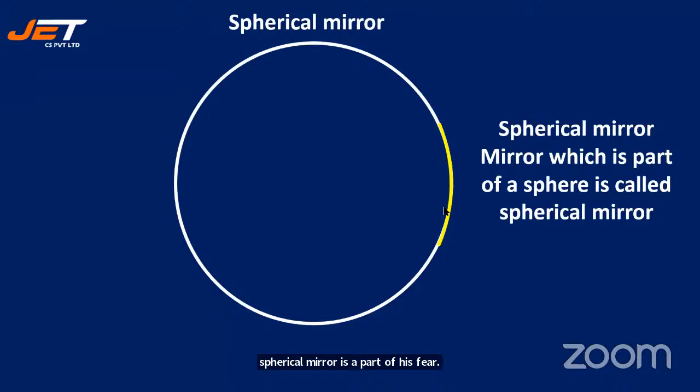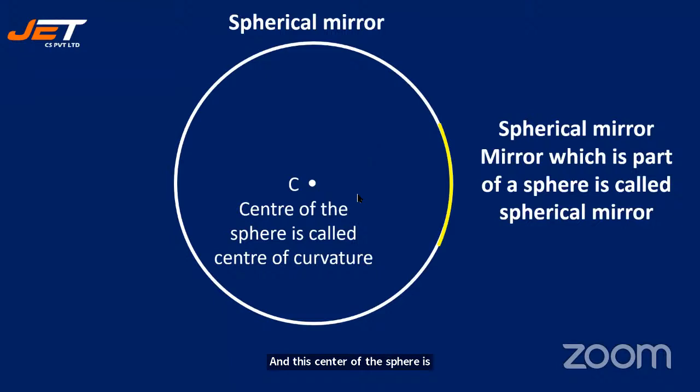A mirror which is a section of a sphere is called a spherical mirror. And this center of the sphere is called the center of curvature of this mirror. This center C of the sphere, of which the spherical mirror is a part, is called the center of curvature of the mirror.